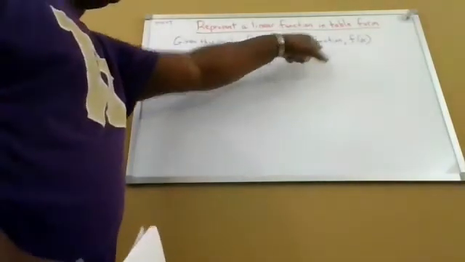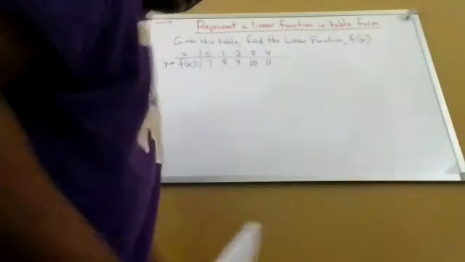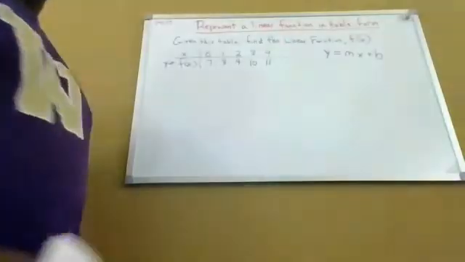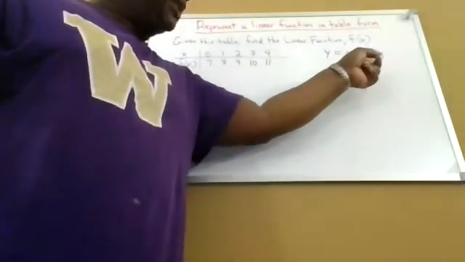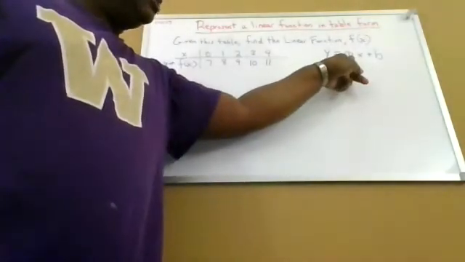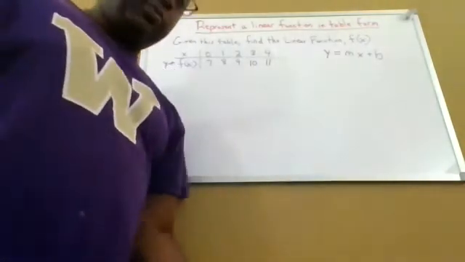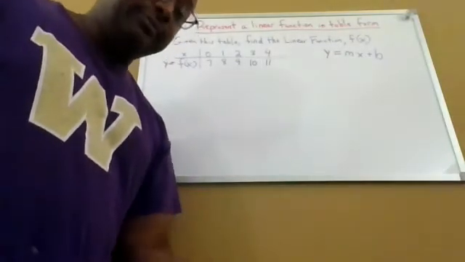Going back to linear function, well, linear means line. Equation of a line is y equals mx plus b, where m is our slope, and we've been defining that as rise over run.